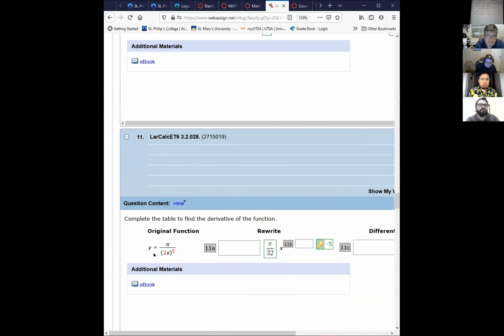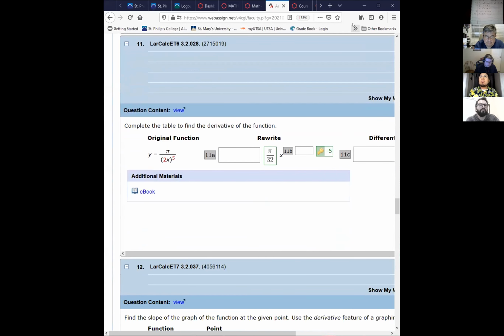Here, you've got to bring this power up top and then do the derivative. So here, we can do that one real quick. Where's my pencil at?